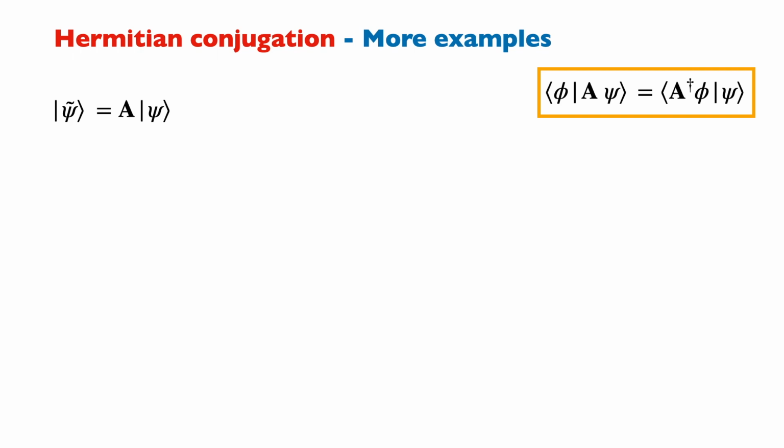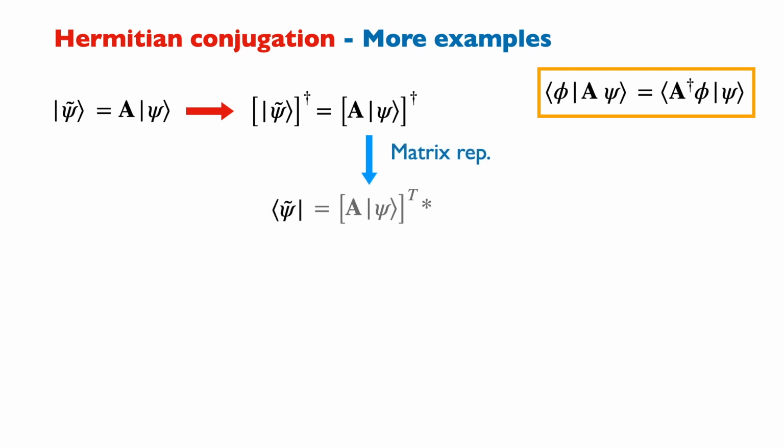The Hermitian conjugation of this equation is given by. We can evaluate this in the matrix representation, so Hermitian conjugation is just transpose and complex conjugation. Recall that in matrix algebra, the transpose reverses the order of multiplications. This gives the result.